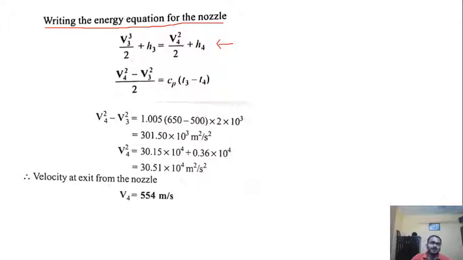The other things are not present: heat loss is not there, we don't get any kind of work output, and we don't need to provide work input. The potential energy terms are also neglected. So we are only left with this formula, with V3 being available to us.